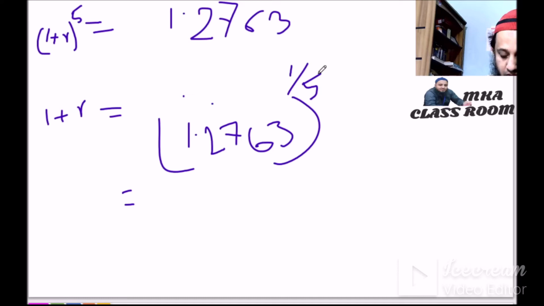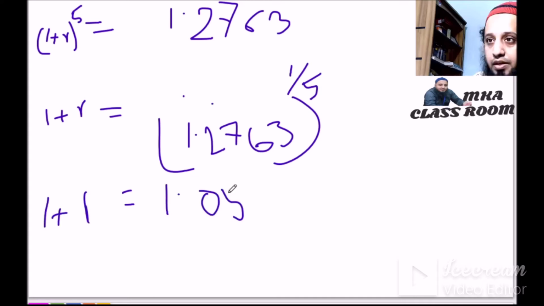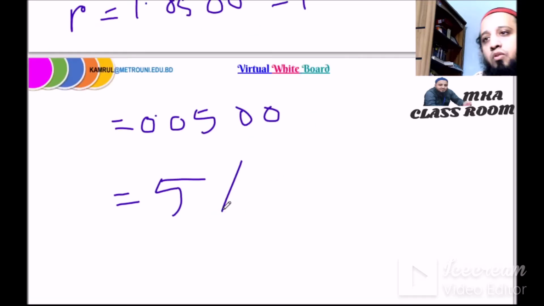One plus r equals 1.0500, or r equals 1.0500 minus 1, equal to 0.0500. Then you can see that it is 5%.